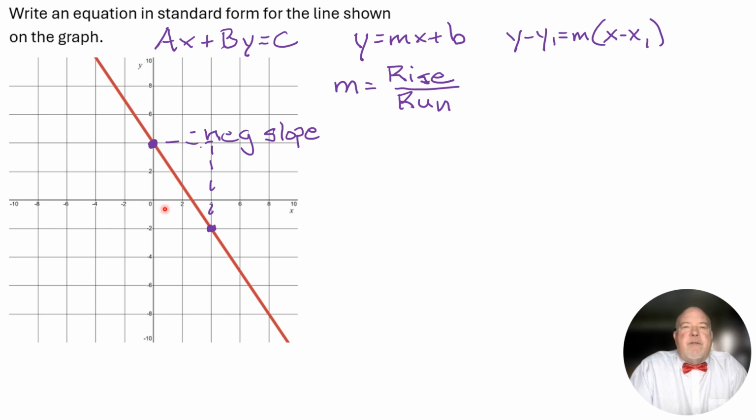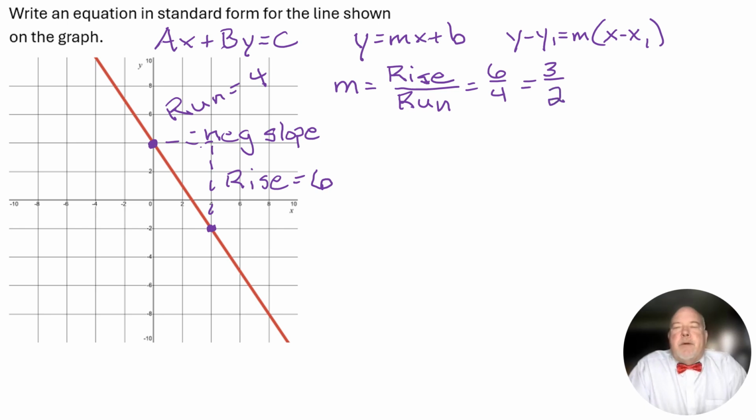The rise here is, I count 2, 4, 6, because we're counting by twos and it goes up 3 blocks, so that's 6. And then the run, you just count blocks and you get 4. So the slope, rise over run, is 6 over 4, which we can simplify to 3/2.